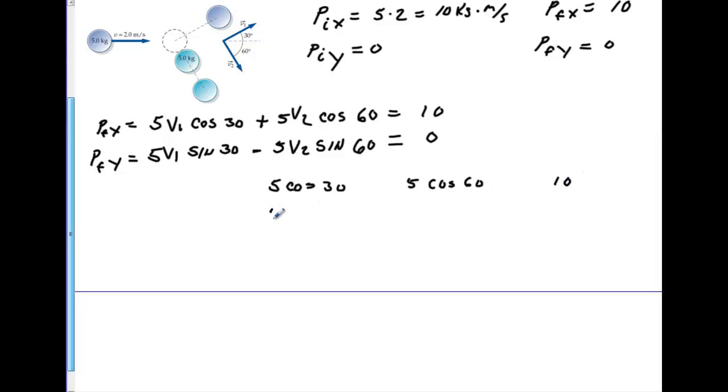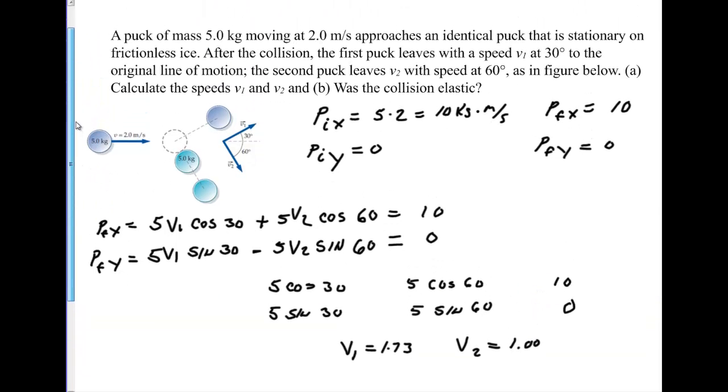On this row, that would be 5 sine 30, 5 sine 60, and a 0. I have a 2 by 3 matrix. I'll go ahead and run that, and when I do, I will get V1, and that's my final, that would be 1.73. I will get V2 is equal to 1.00.